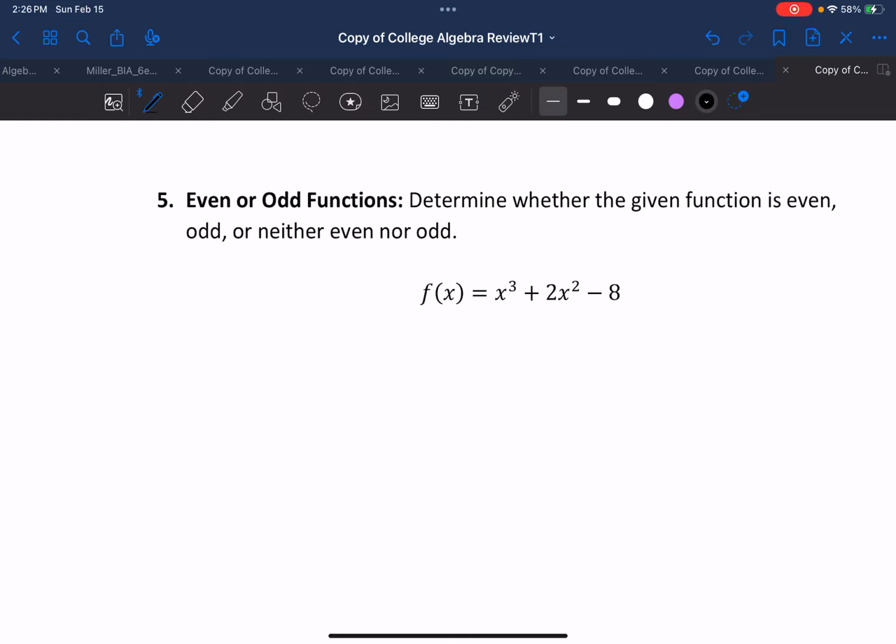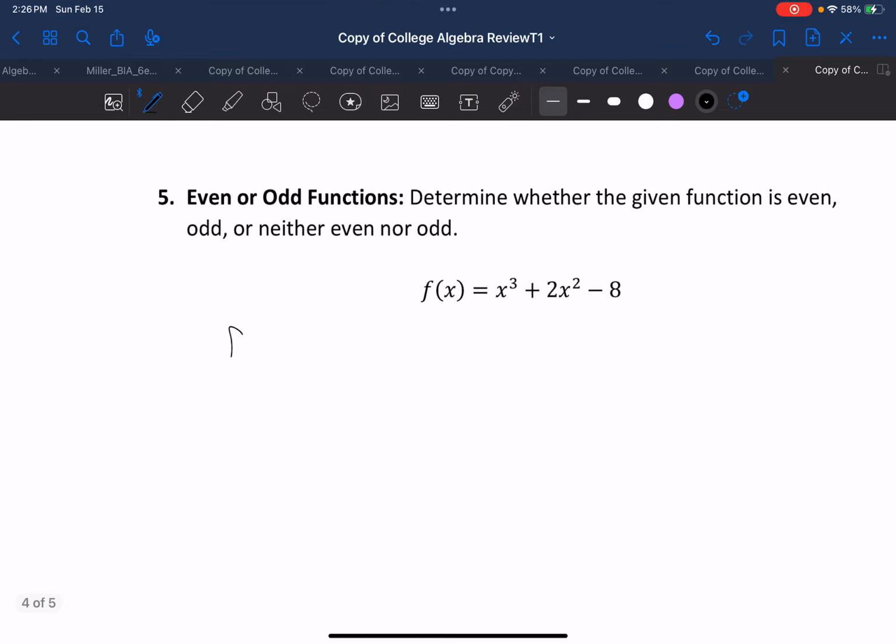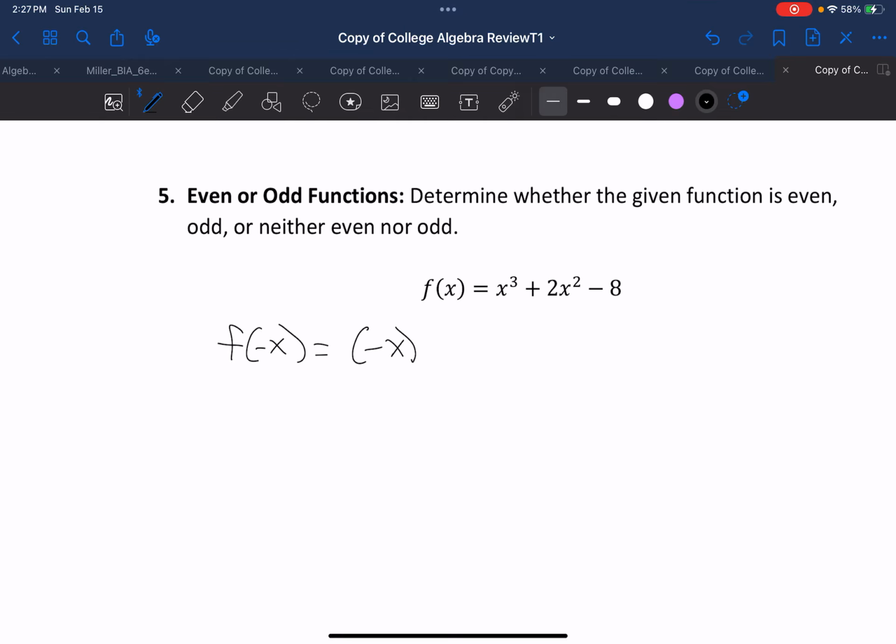Number 5 says, determine whether the given function is even, odd, or neither even nor odd. So remember, to test whether a function is even, odd, or neither, we need to plug in -x into the function. So this would give me -x all cubed plus 2 times -x all squared minus 8.